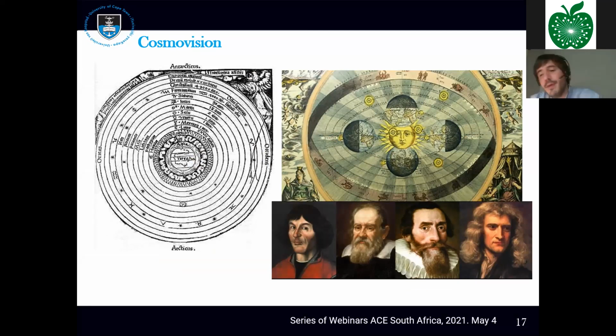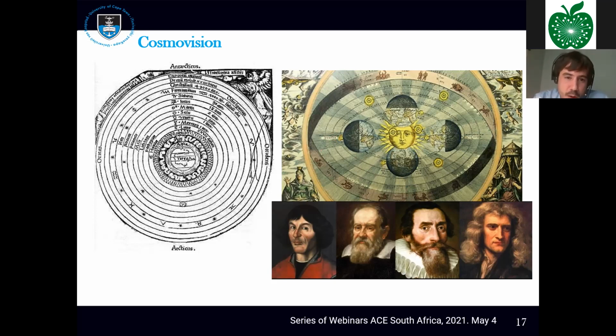Remember that celestial objects were related at the beginning with a particular cosmovision. I'm speaking about the Aristotelian cosmovision, in which the Earth was the center of the universe and the rest of the universe seemed to be static, okay?